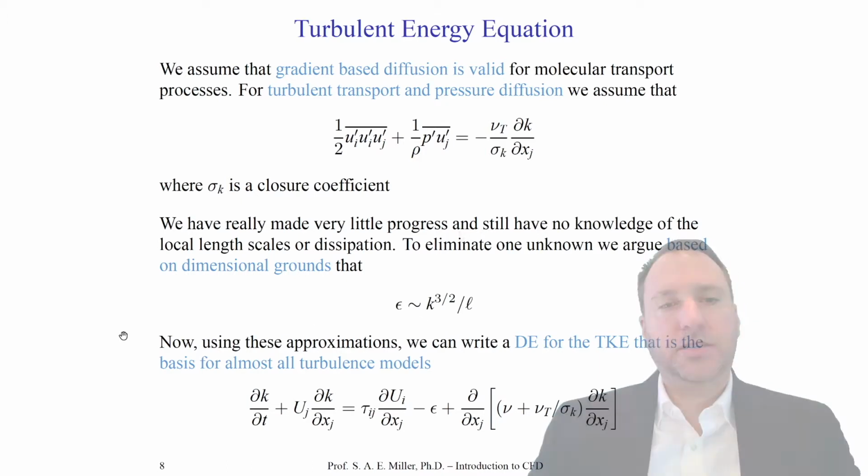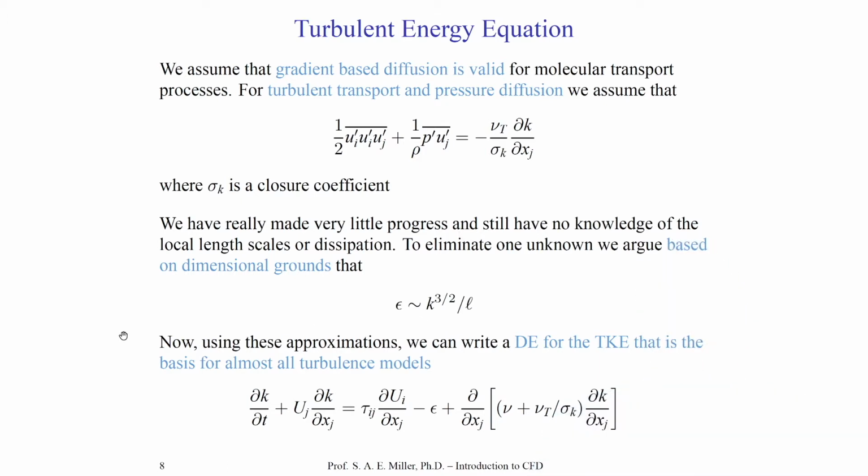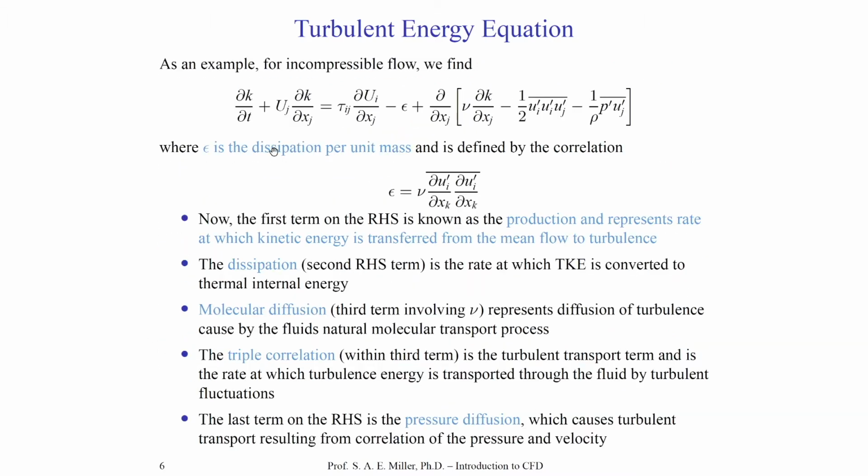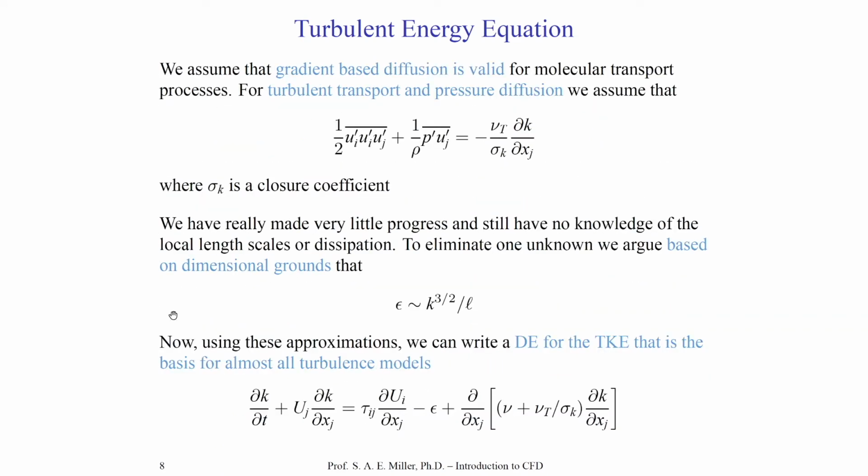Now, using these two particular approximations, we can rewrite our differential equation for the turbulent kinetic energy, that is the turbulent energy equation, as the basis for almost all higher order, that is first equation and higher order turbulence models. Rewriting our equation from the full form that's formal here on the top of 6 all the way to bottom of 8, we'll find partial k partial t plus uj partial k partial xj.